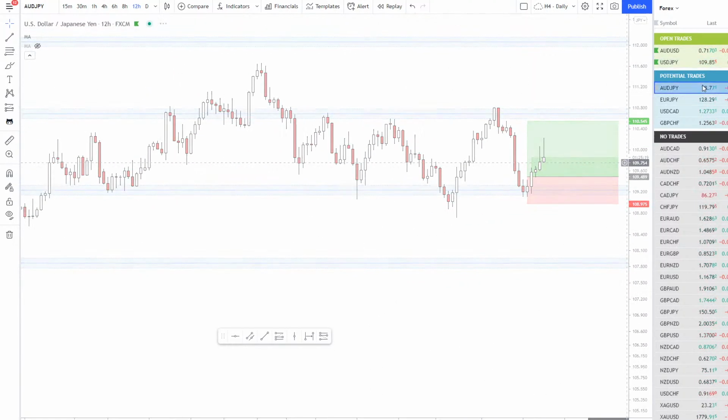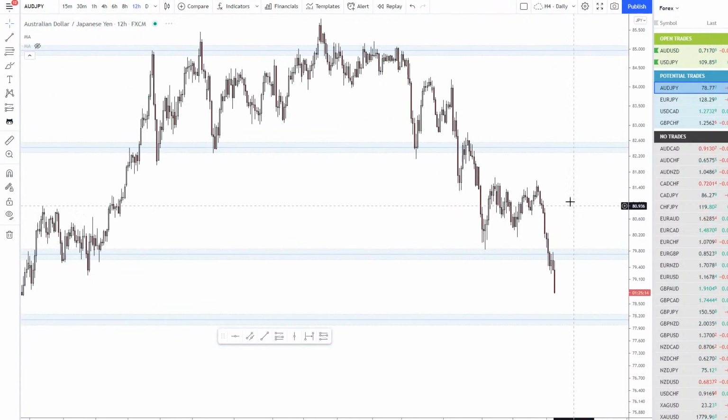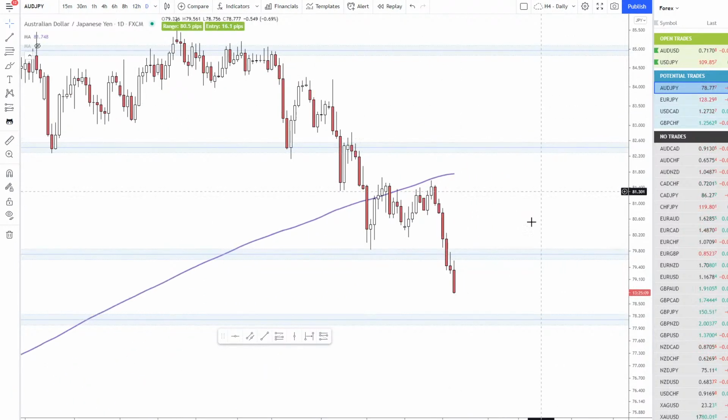So let's take a look at yesterday's potential setups I identified. Yesterday I was talking a little bit about AUDJPY. We'll go back to the daily. I was saying that AUDJPY had stalled out on top of support at the time of the analysis, so I was open to a potential short-term long.